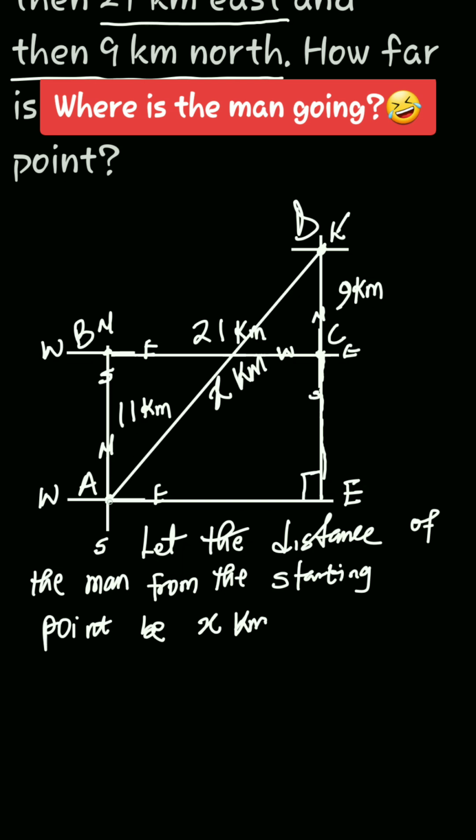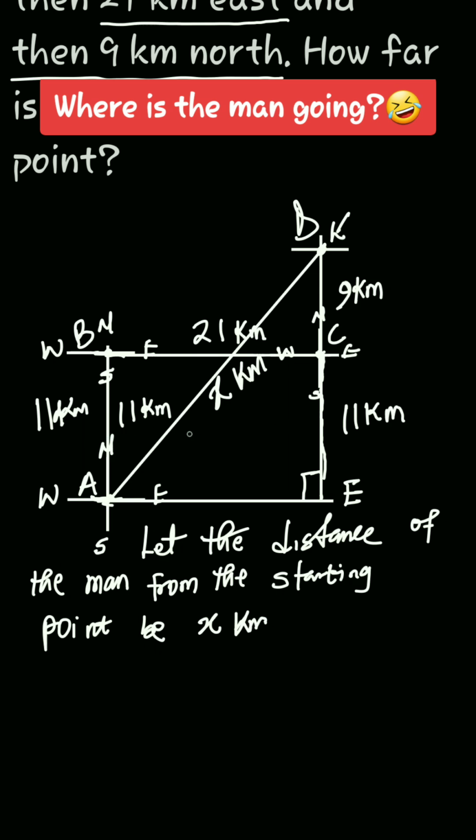Now when you look at point A to point B, that is 11 kilometers. This distance from here to here will be exactly the same as the distance from C to E. So if this is 11 kilometers, then CE is also going to be 11 kilometers.